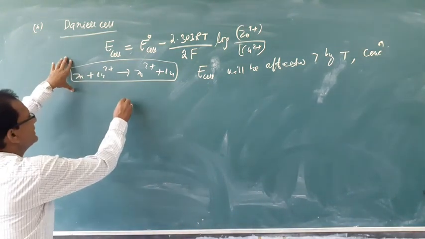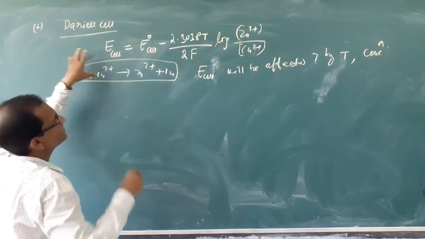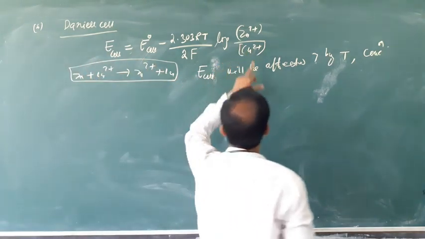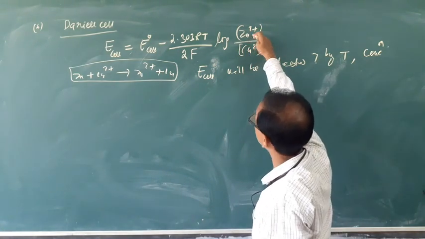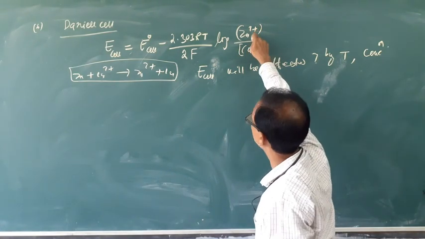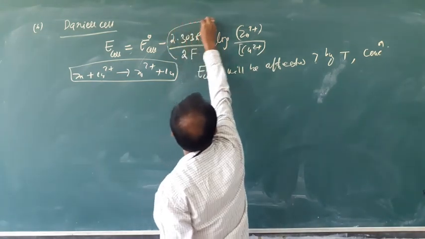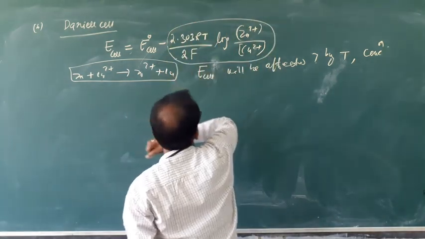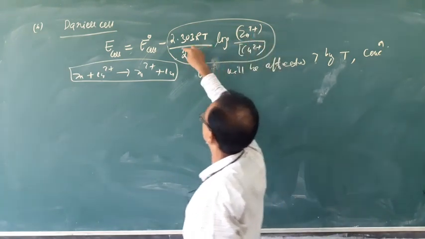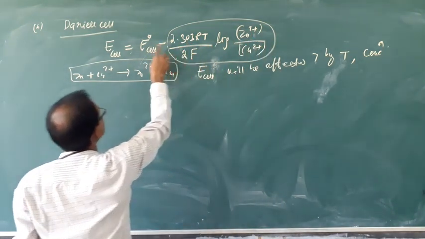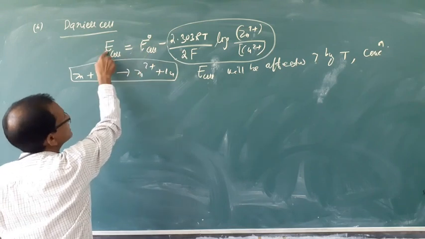First, E cell: when the zinc ion, that is the anodic ion, concentration is more, the minus value will be more. If the anodic ion concentration is more, this minus value will be more, and since E naught is constant, E cell decreases.